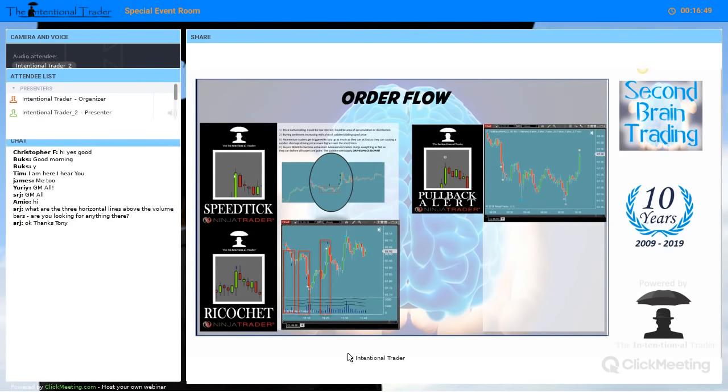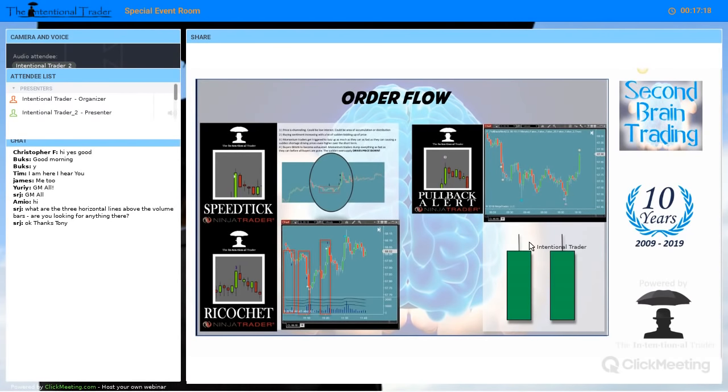That is important, but more important to us is what type of volume is coming into these bars. And when we get the right type of volume, then we're going to generate one of these dots at the exact moment that we pick up the type of volume that we're looking for.